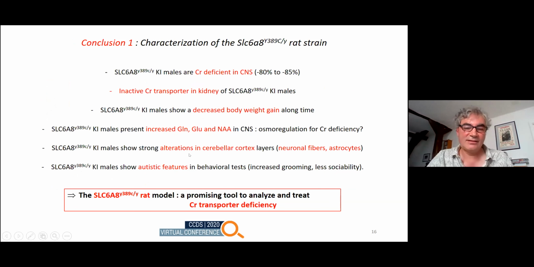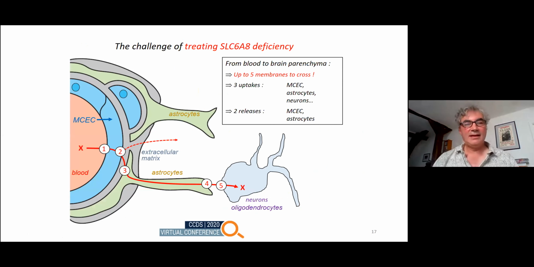Morphological alteration of neurons in the cerebellar cortex, and some autistic features observed in the behavioral test. So we consider our SLC6A8 knockin rat as a promising tool to better analyze the disease and try to treat it.